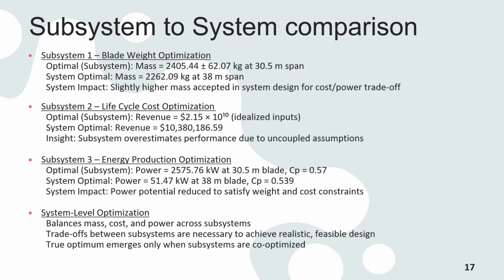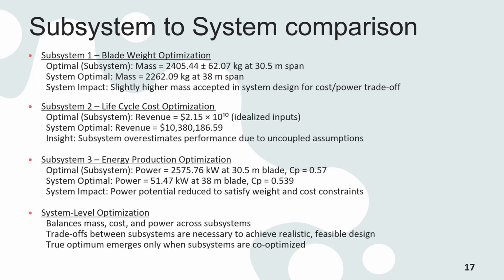For subsystem 2, we initially achieved a very high lifecycle revenue of 21 billion due to idealized assumptions, but when we integrated the system model, the realistic revenue dropped significantly to around $10.4 million, showing the uncoupled optimization can heavily overestimate benefits. In subsystem 3, we saw a peak power output of 2.576 kilowatt at 38 meter with high power coefficients.